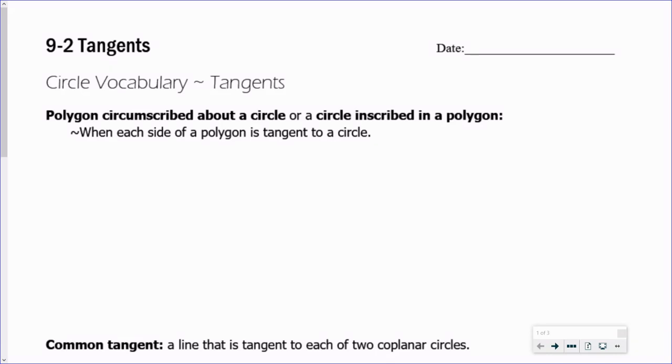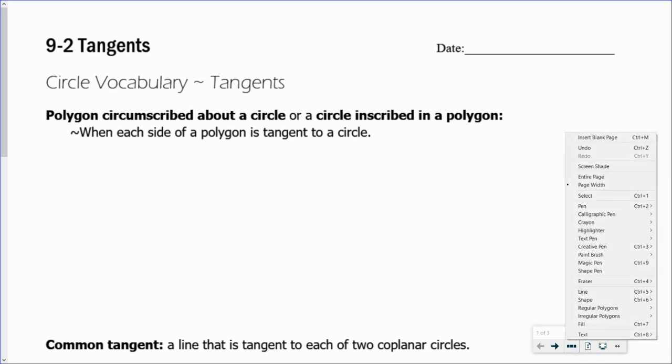All right, so the review terminology: polygon circumscribed about a circle, or a circle inscribed in a polygon. So what that means is it's when each side of a polygon is tangent to a circle. So let me illustrate this for you.